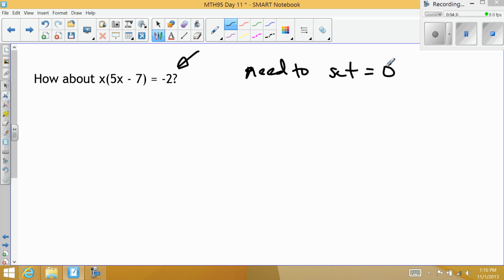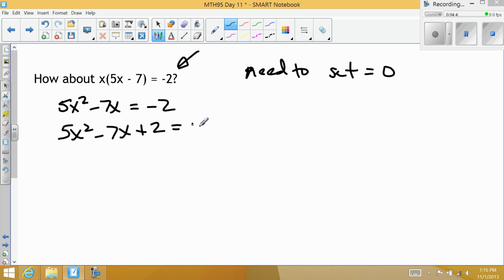So we can get in there, clean things up, get it into a usual quadratic equation. So distributing the x, 5x squared subtract 7x equals negative 2. 5x squared subtract 7x plus 2 equals 0. And now we can factor the left-hand side because the right-hand side is set equal to 0.